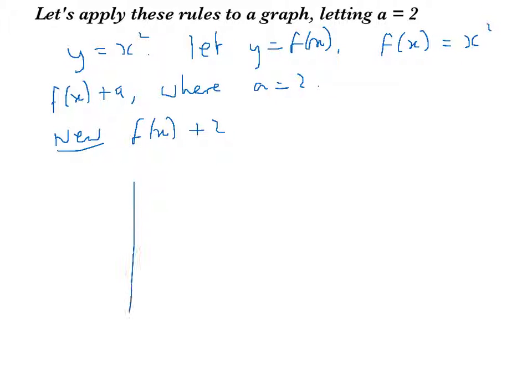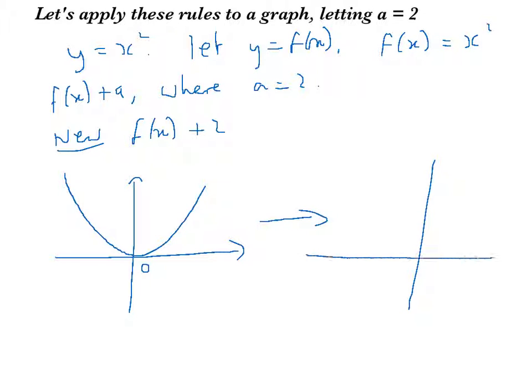So our original graph, f of x equals x squared, looks like this. I'm going to apply my transformation f of x plus 2. And remember, from our rules, this is a translation of the graph 0, 2, which means the whole graph moves up by 2 units. So at the moment this is at the origin, and this goes up by 2 units. So here y equals 2. First rule, done.